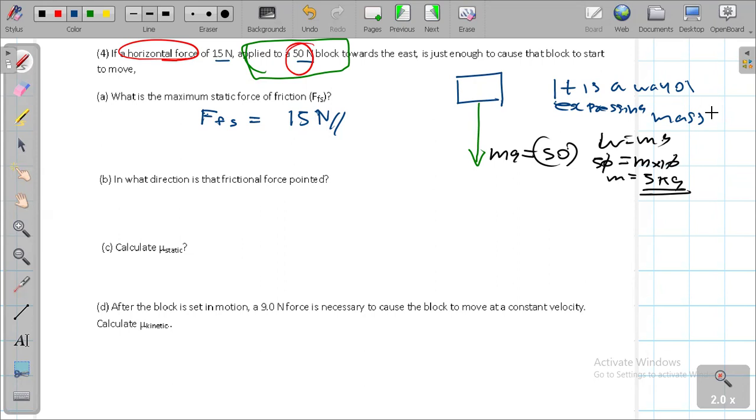Both mean the same thing. Idioms are separate. Remember, these are like idioms and phrasal verbs, expressing something in a different way. Is there anyone who didn't understand this? Applied to a 50 Newton block means the mass is 5 kg, said in a different way. If anyone doesn't understand, clear it up before moving on.